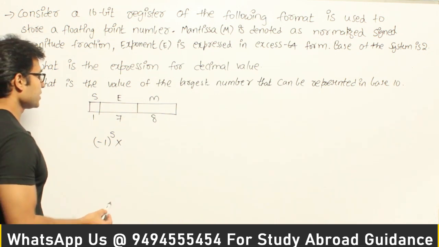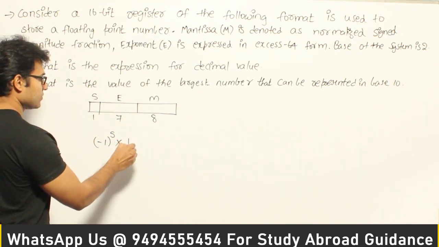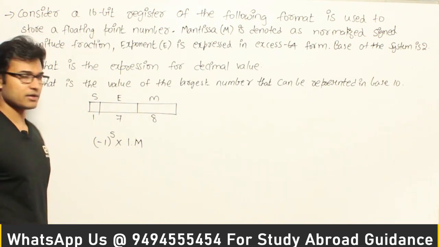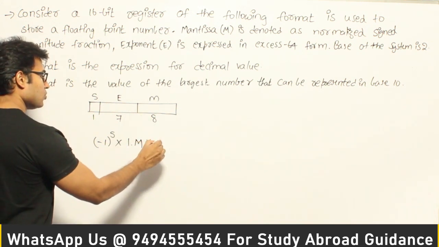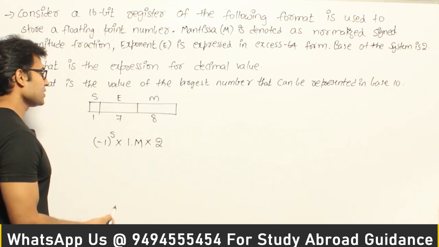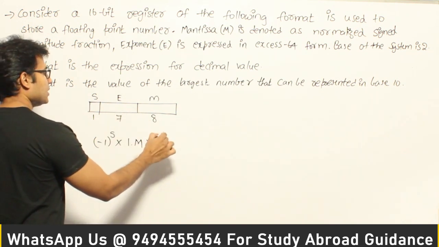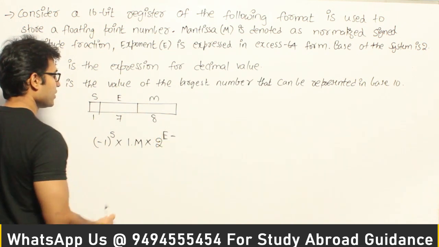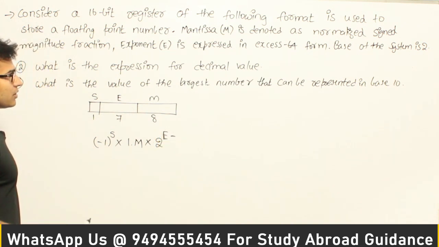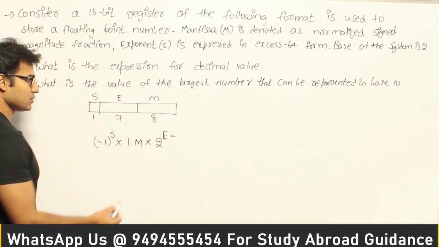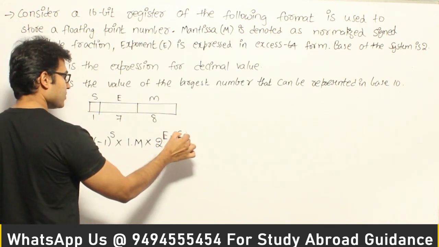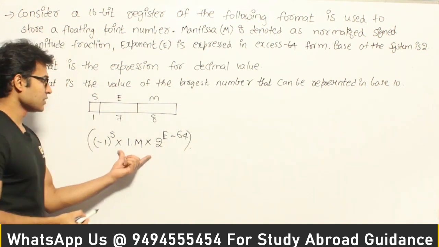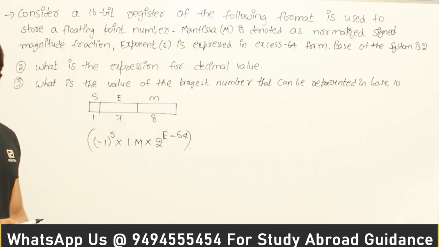Now in implicit representation, we are going to write it as 1.m, whatever is the mantissa, into 2 power exponent. So what is the exponent? e minus bias. They already gave that the bias they are going to use is XS64, which means 64 is the bias, therefore you subtract it. So this is the formula which you should be using in order to get back the actual number.